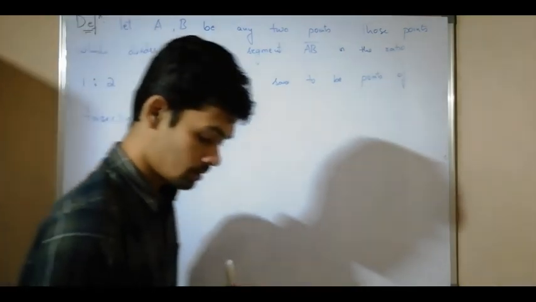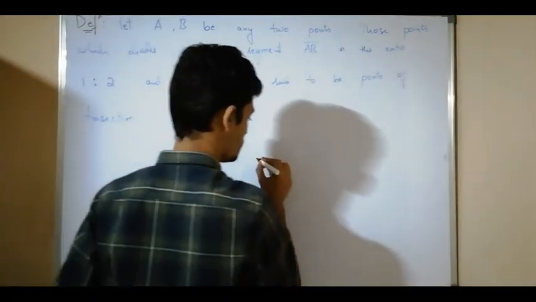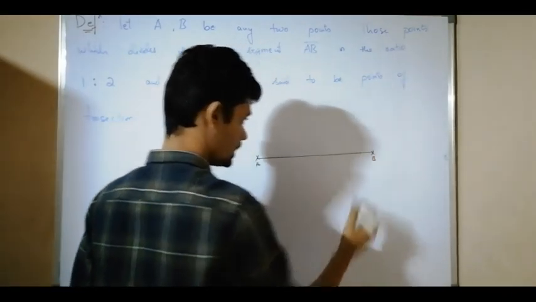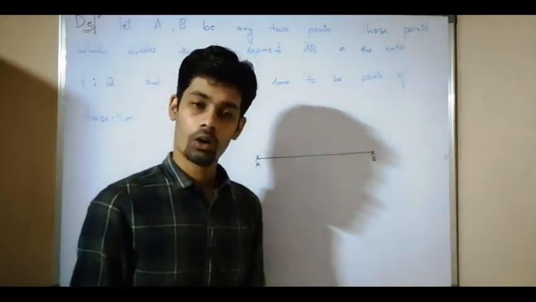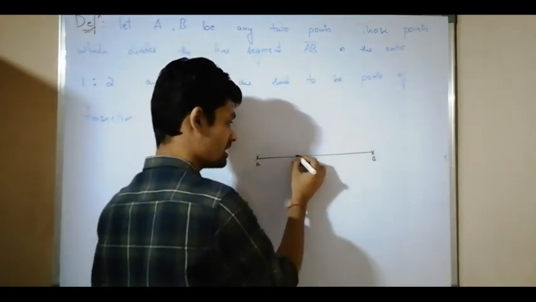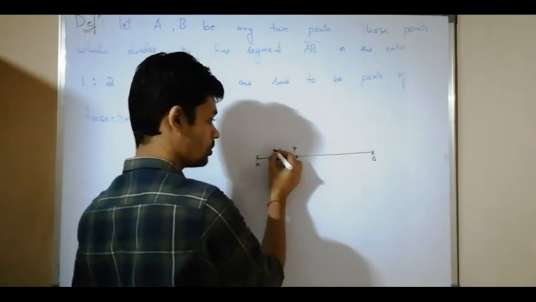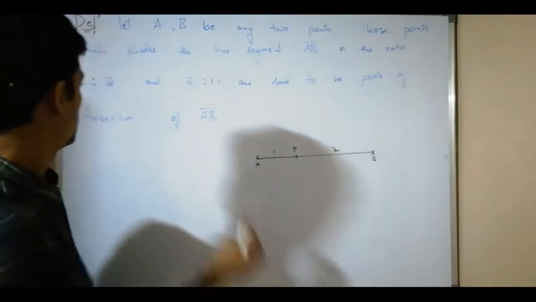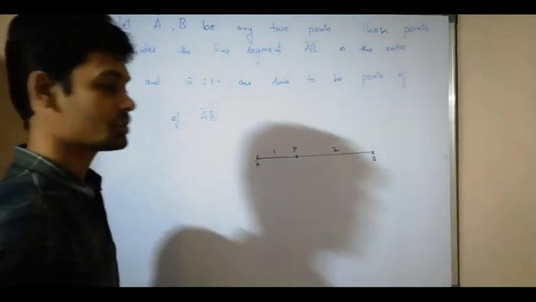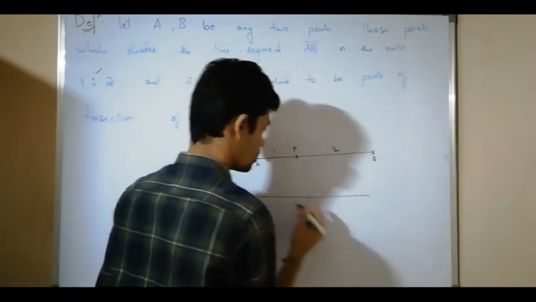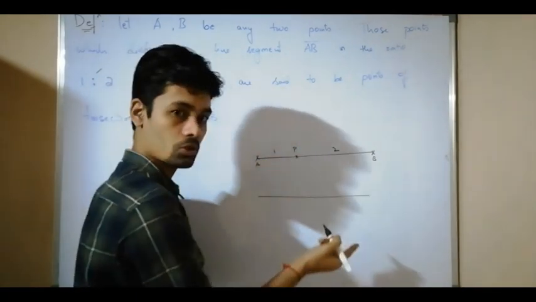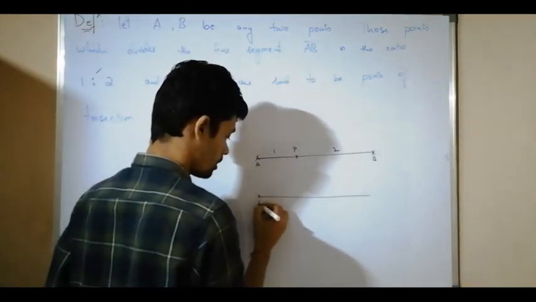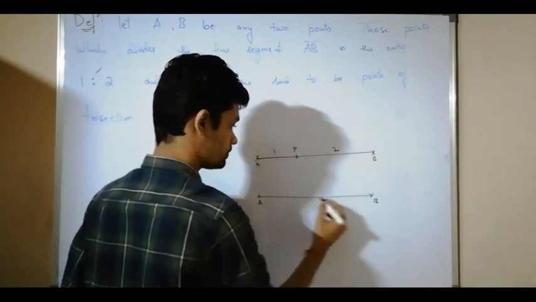Means this is A and this is B. Any point on the line segment which divides AB in the ratio 1:2, then this point is said to be a point of trisection, and not only if the point divides in the ratio 1:2, if it divides 2:1 also, then also the point is said to be a point of trisection.